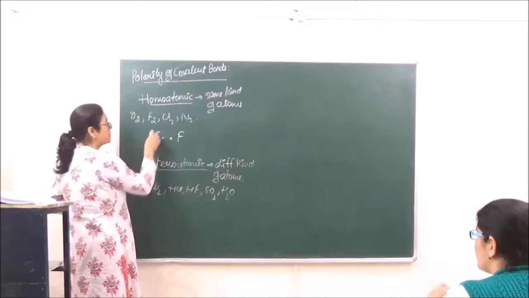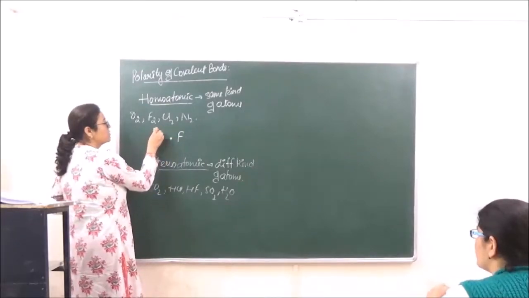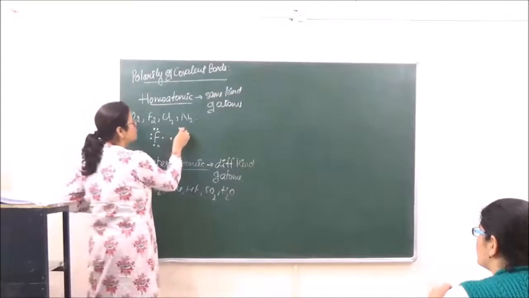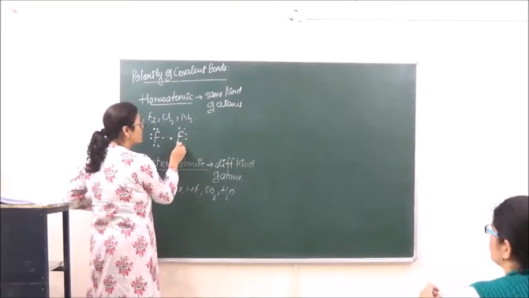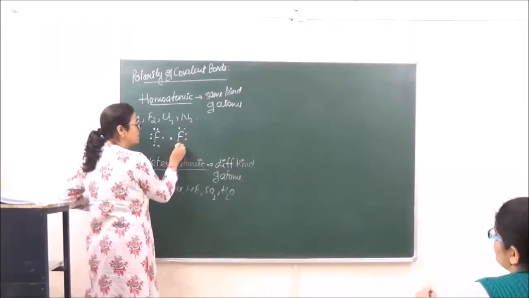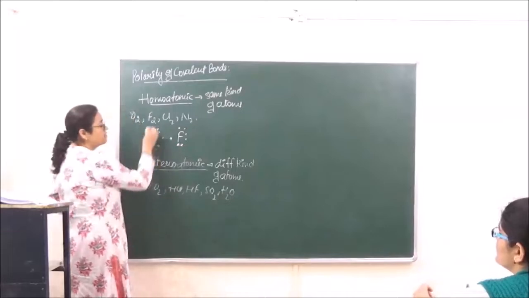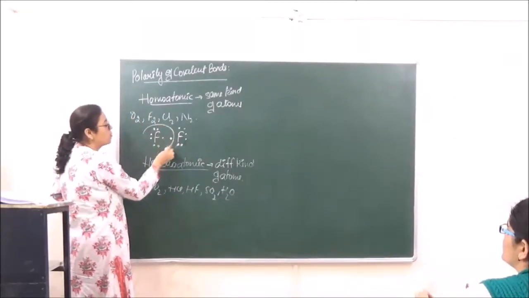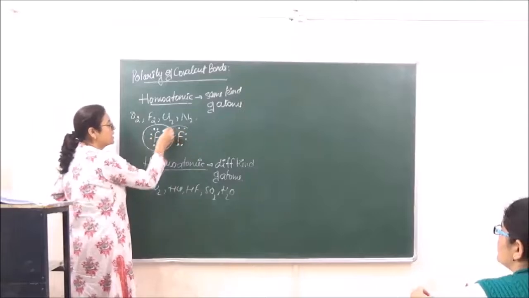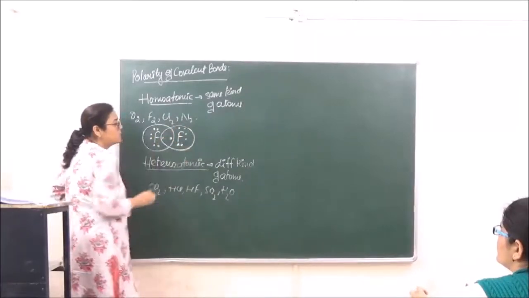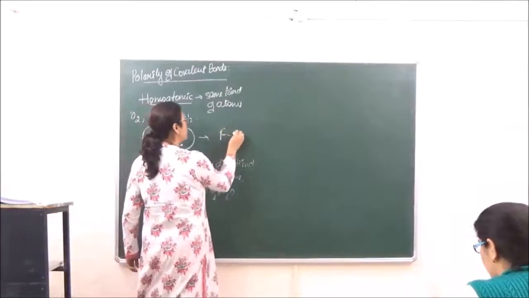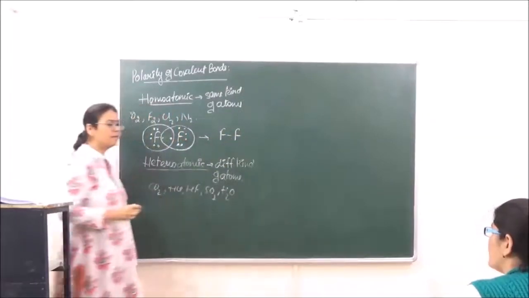So there is one shared pair of electron which is present. 7 electrons we can draw like this according to the Lewis dot structure. ठीक है? उसी तरह से यहाँ पे also there are 7 electrons which are present. Right? So when we combine these two atoms to form the molecule, we say that each of the fluorine shares, as a result of which the molecule of fluorine can be represented in this manner.